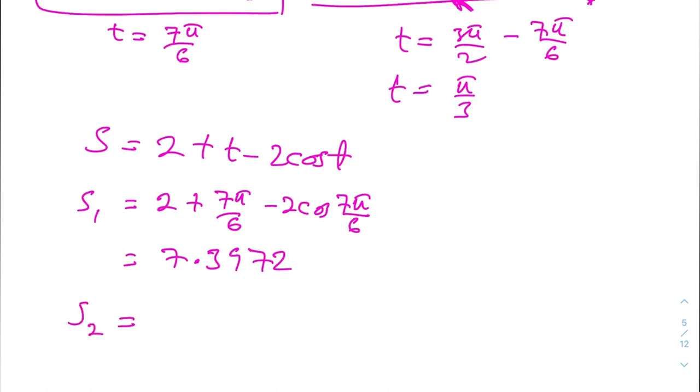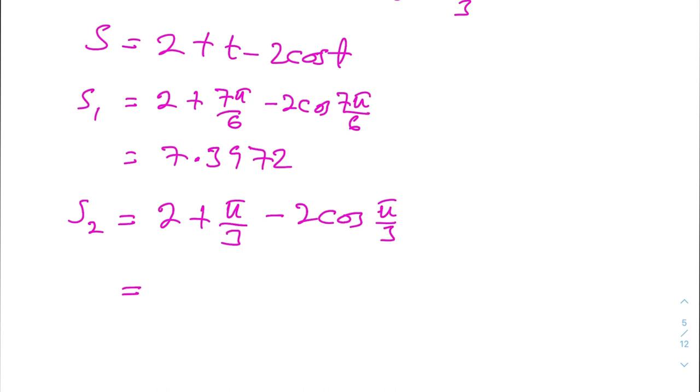So let's look at the second part where we put pi on 3 there. So that's 2 plus pi on 3 minus 2 cos pi on 3, and that is going to give us 2.04719.